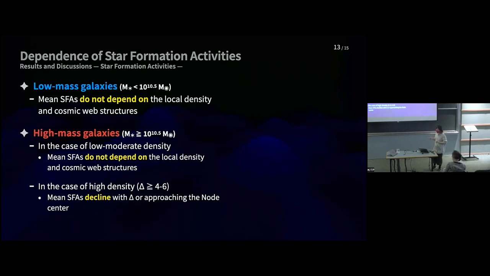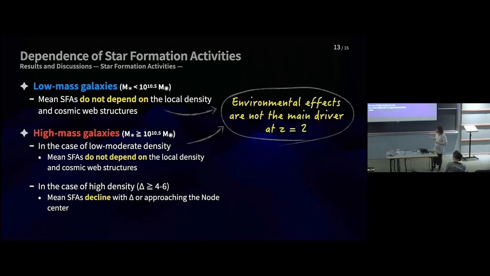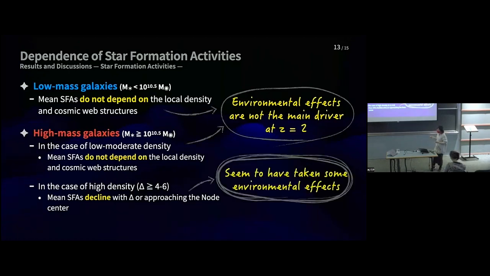So those results conclude that generally, environmental effects are not the main driver of galaxy evolution at redshift 2, but there appears to be an environmental effect on galaxies with high mass in dense environments, and this suppresses their star formation.